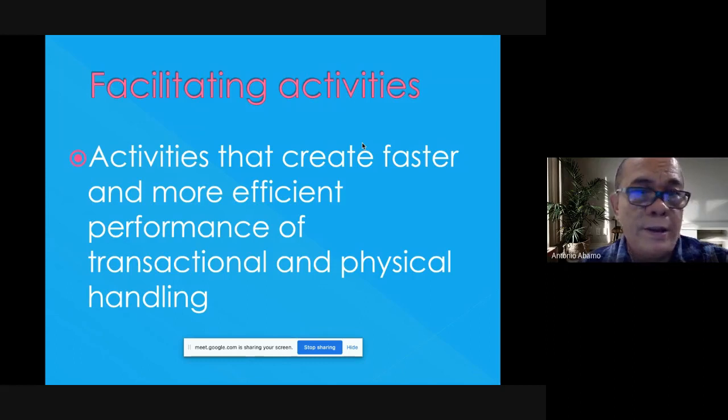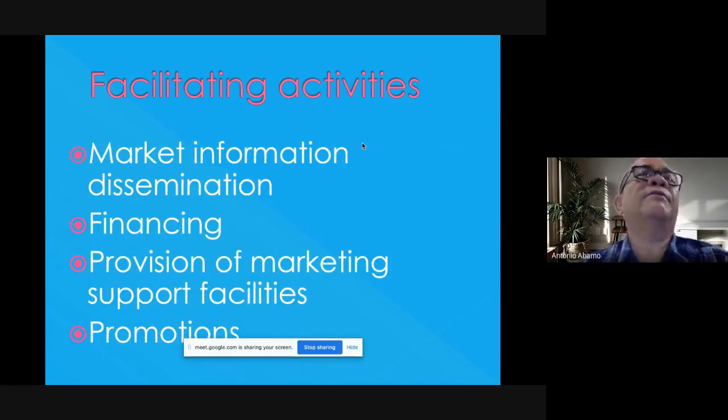It also provides market information like price and quality. So these are very essential information: price, quality, volume. And then financing also is a very important facilitating activity, because it facilitates the transaction to happen. Because when you buy, you need money.